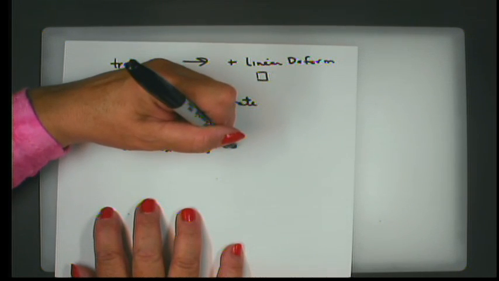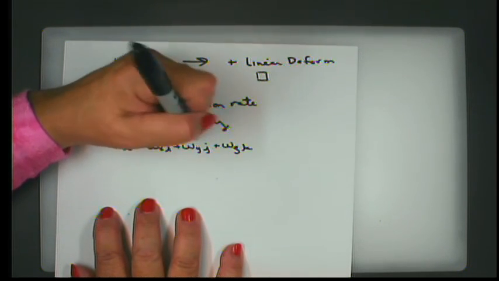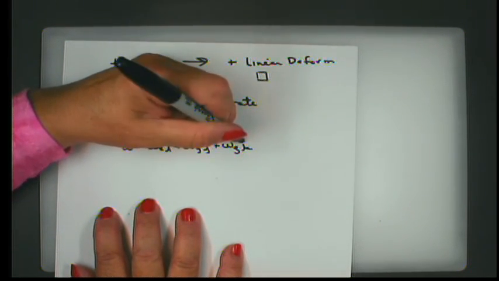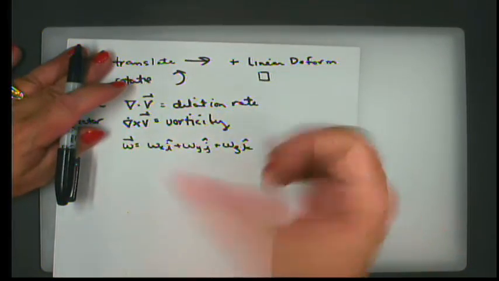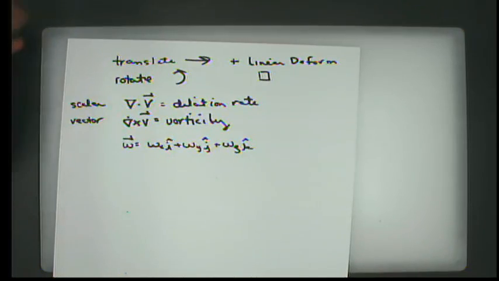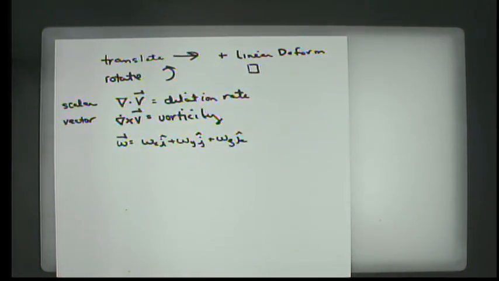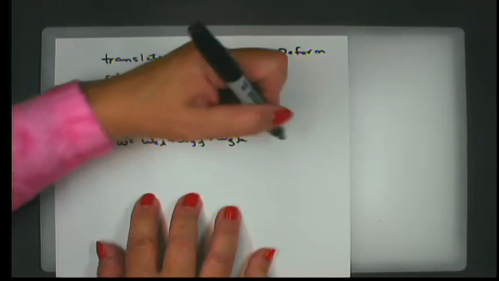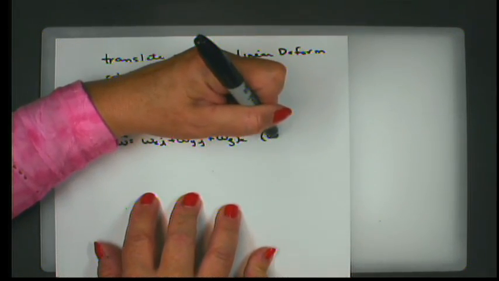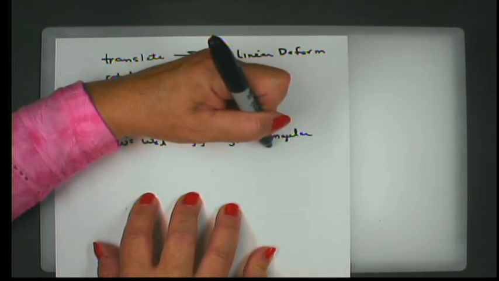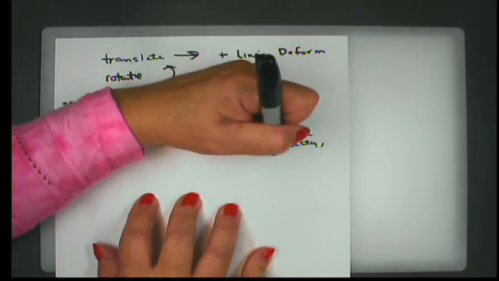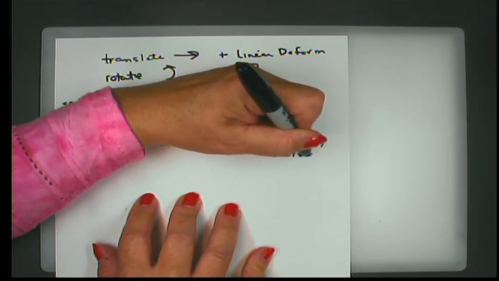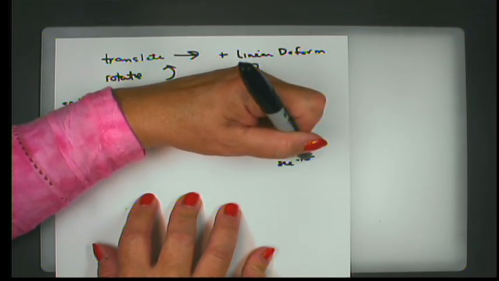What we drew on the page was just if all of our motion is in the plane of the page, and then the vector omega is either going to be in or out of the page. But we know that in general, omega can be anywhere because the motion can be anywhere. This is referred to, of course, as the vector angular velocity, and it's measured in radians per second, or sometimes it's just written as seconds to the minus 1.